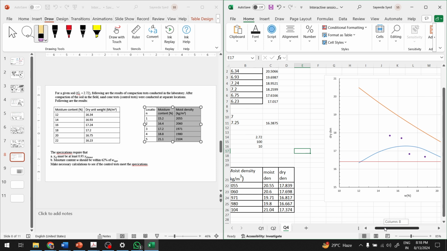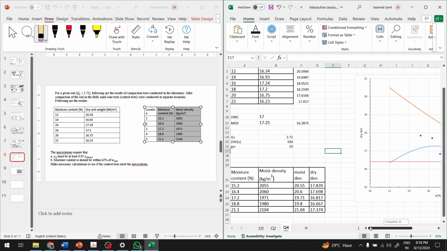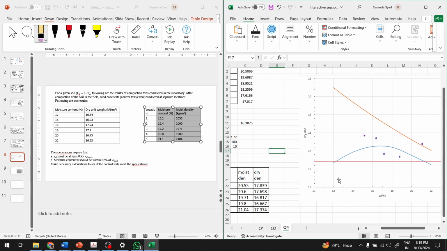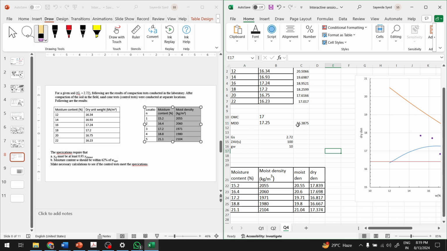No density should be below 16.4. 16.4 is here. So basically, no density is actually below this. But moisture content should be within 2% of W optimum. W optimum is 17%.